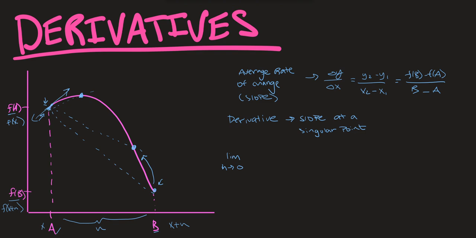So if we take the limit as h approaches 0, well, what are we taking the limit of? We're taking the limit of the slope, basically. And so what's our formula for the slope? Well, we know that it's f of x plus h minus f of x all over the distance between them, x plus h minus x, which just becomes h. And there you have it. This is a derivative.